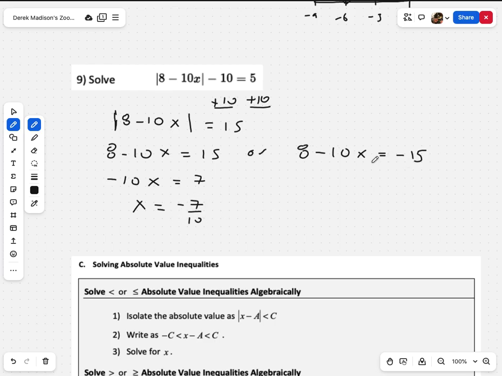And same thing on this side, subtracting the 8 over, I get negative 23. And then dividing both sides by negative 10, negative over negative would be positive, so x equals 23/10.